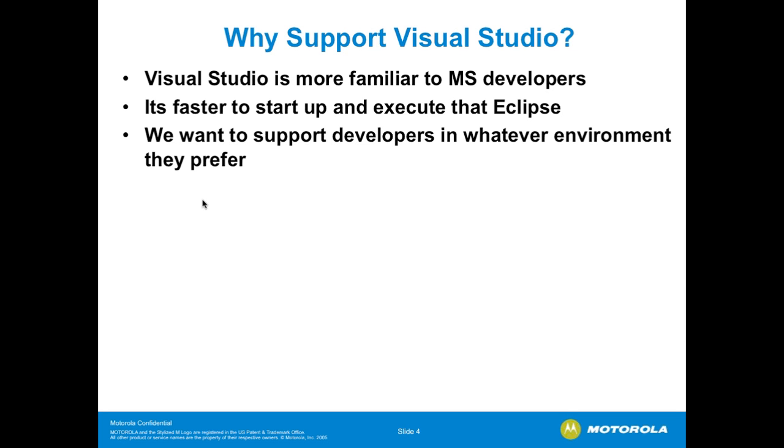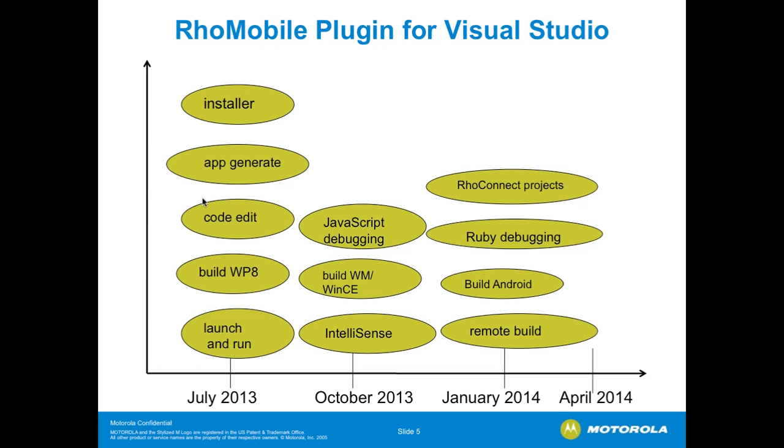Rob has given a great webinar on developing with Sublime Text 2, which is a great editor. We want to make sure that you can write RhoMobile apps with whatever your editor and IDE tool of choice is. And to that end, we'll be talking later about some of the decomposition of some of the features that we have inside Rho Studio today.